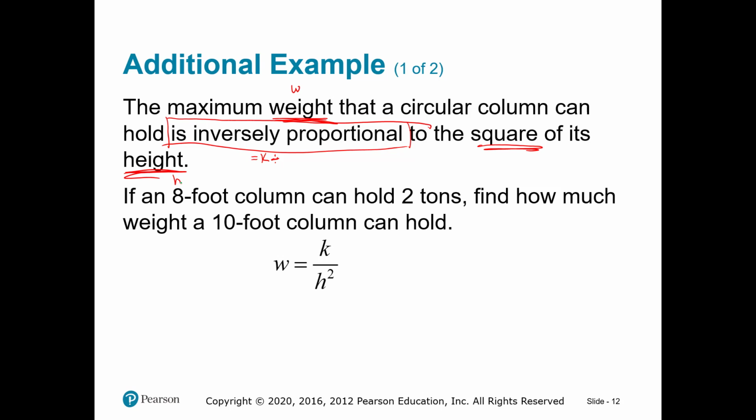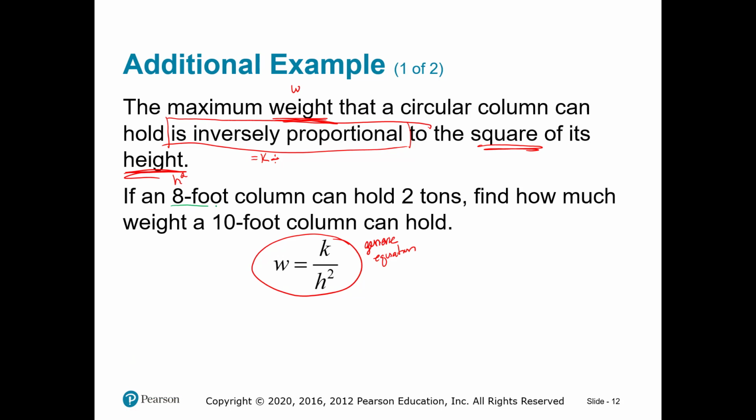But when they say square, that means h is being squared, which is how we have this particular formula now. And remember, this is the generic formula. It's our generic equation. Good? You with me?